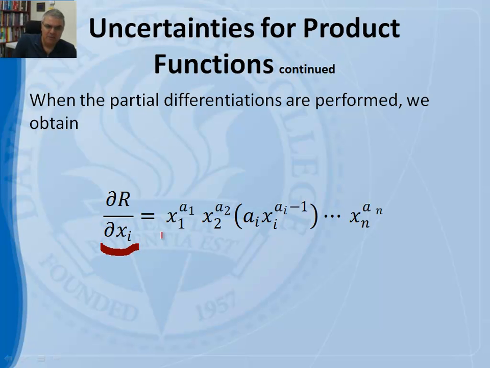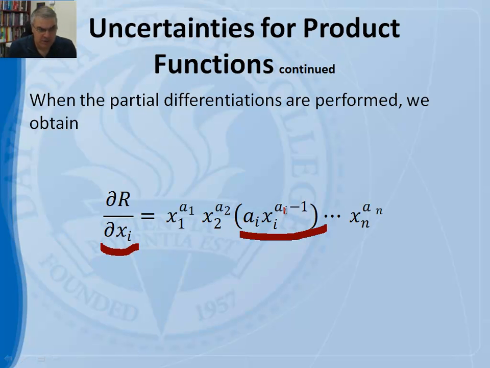All other variables are constant except this one number. So they would become the product still, x sub 1 to the power a sub 1 multiplied by x sub 2 to the power a sub 2, and so on. All we did was just x sub i to the power a sub i.